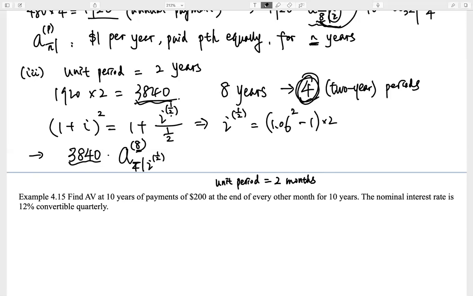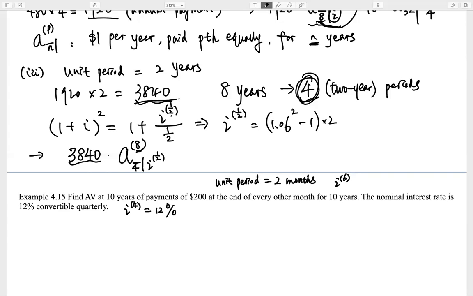But what we have from the nominal interest rate is I R per 4 equals 12, meaning it corresponds to 4 payments a year. But right now, what we want is actually I R per 6, because the unit period is 2 months. So there are six periods in a year.